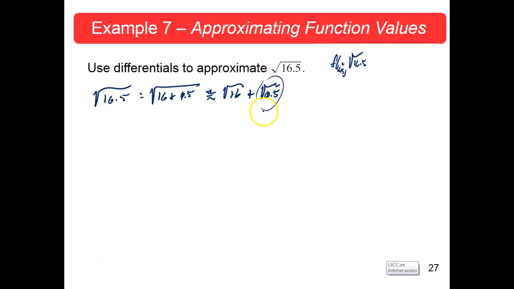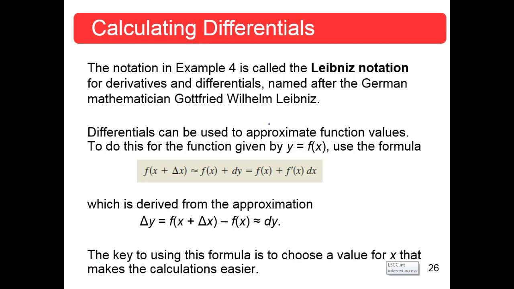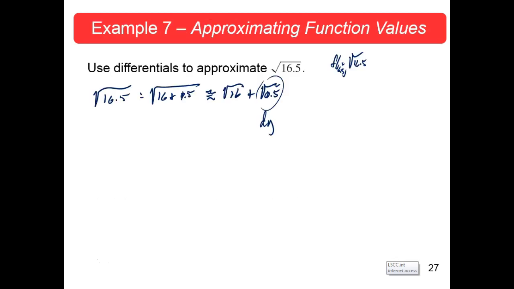If this is what we're calling your dy, and that's not exact, but it's going to be close to it, then what you have is f prime dx, with the dx being your 0.5. That's the delta x or your dx, whichever you want to call it.